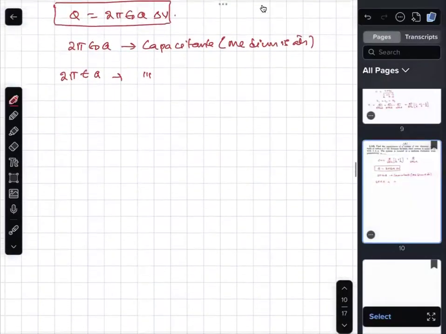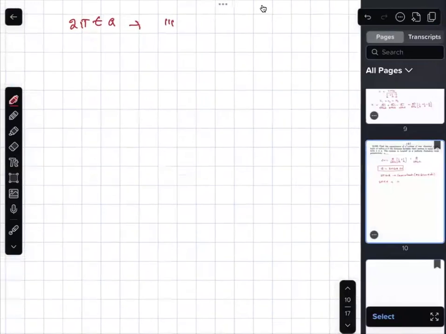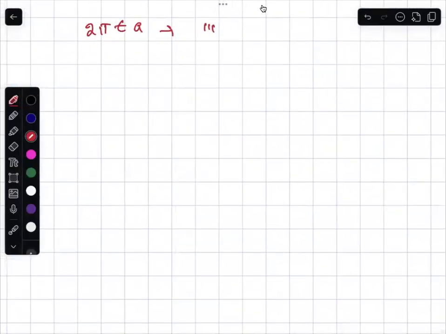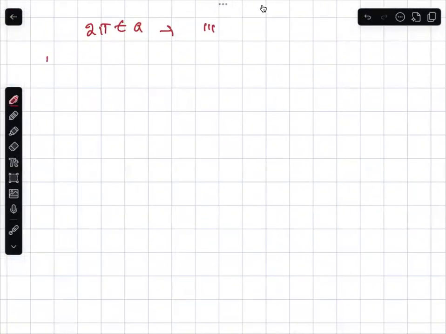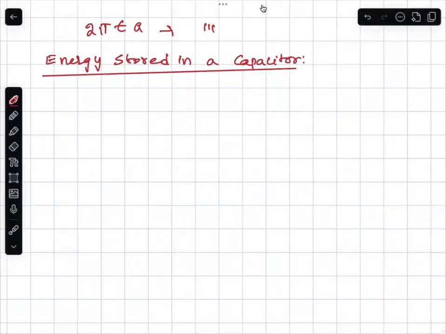So in this, I am introducing a concept: energy stored in a capacitor.